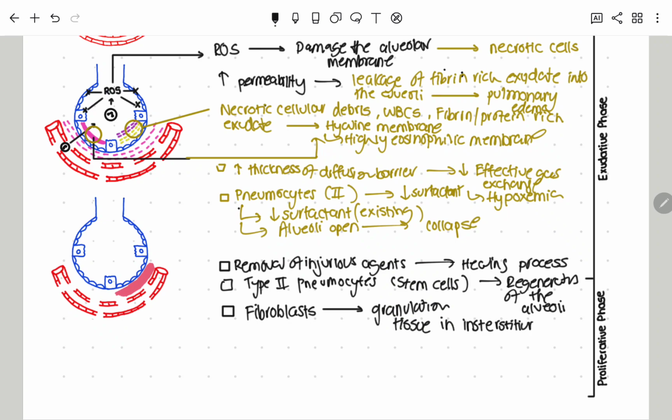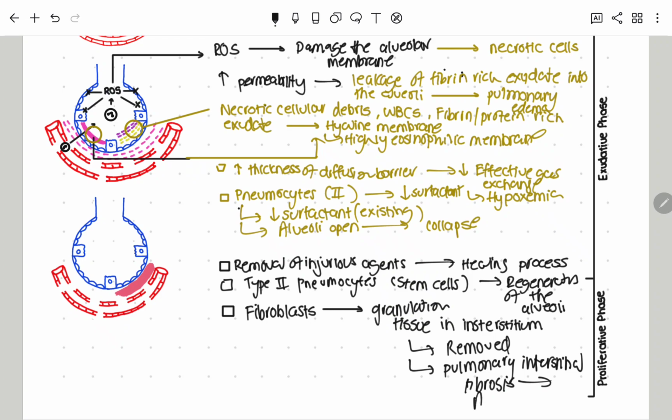And from here on, you have two possible outcomes with this granulation tissue. One, you can have complete healing where this granulation tissue is removed and 100% efficiency is restored. Or you can have so much granulation tissue deposited into the interstitium, which can end up resulting in pulmonary interstitial fibrosis.